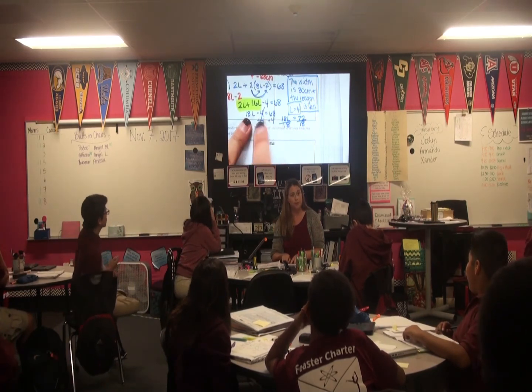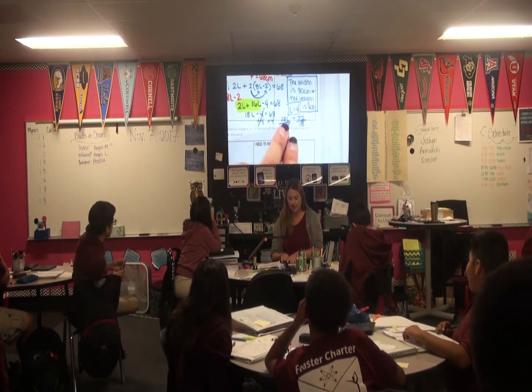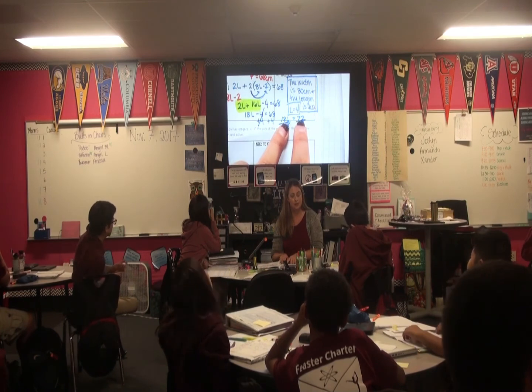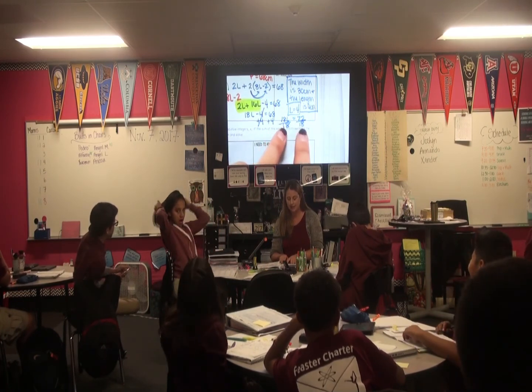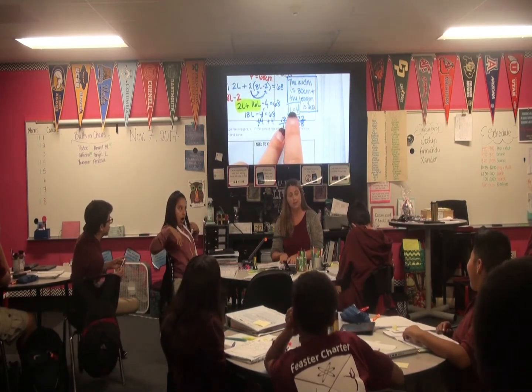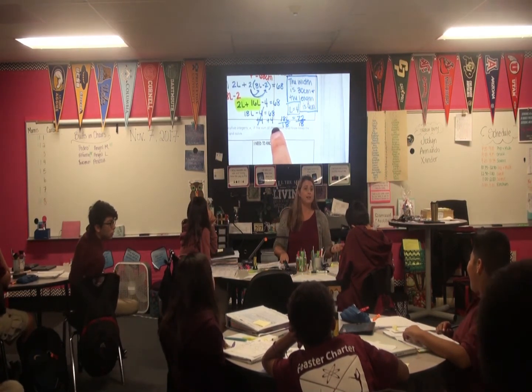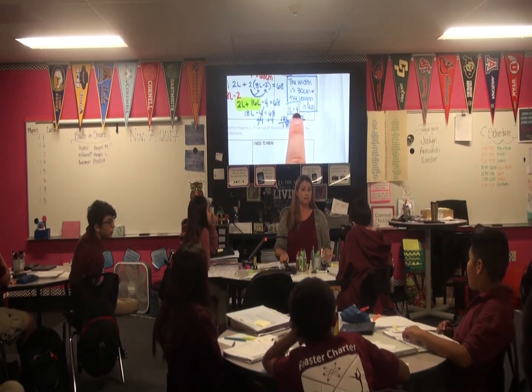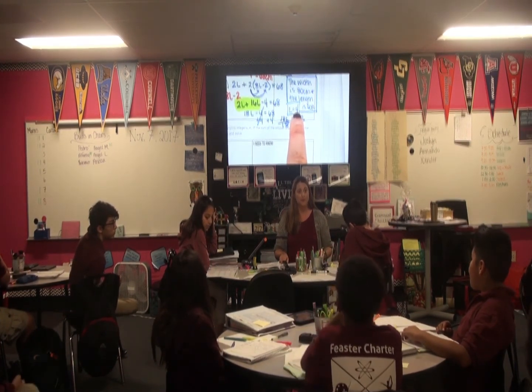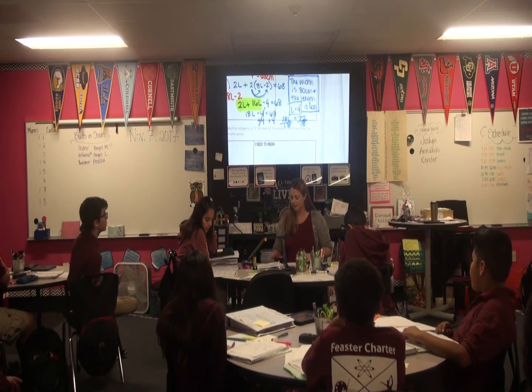Add 4 to both sides, and I get 18L equals 72. Divide both sides by the 18. 72 divided by 18 is 4. Oh, okay. So now I know I'm solving for L. L is the length. If 4 is L, 4 is the length. Okay, yeah, because I got a little bit confused. That's okay. I know there's a lot going on here.